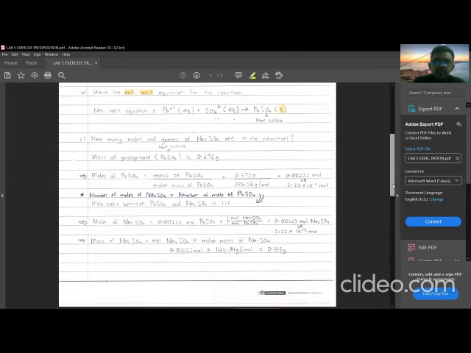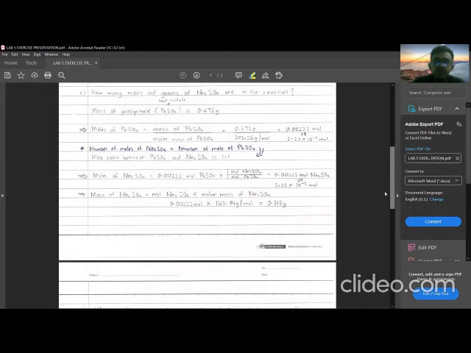Question 3 in lab 5 is: how many moles and grams of Na2SO4 are in the reaction? So the mass of precipitate is 0.672 gram, which is already stated in the question.